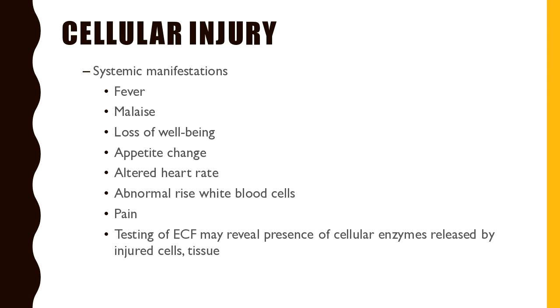Your systemic manifestation is going to be fever, loss of energy, lack of motivation, apathy, appetite change. If they're septic, they're going to maybe be tachycardic, have an abnormal rise in white blood cells, maybe pain to an area. And this is all due to cellular death and necrosis from cellular injury.